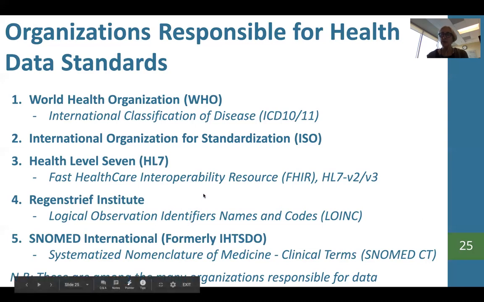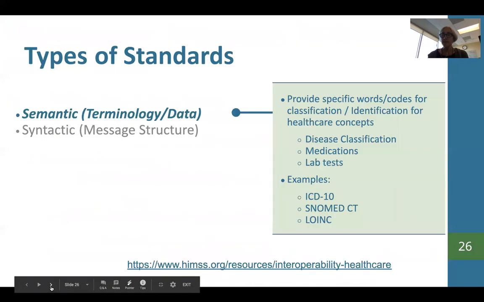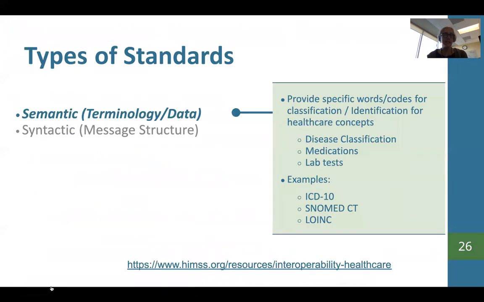Finally, SNOMED, which many of you have heard of. SNOMED is the Systematized Nomenclature of Medicine, and that provides a lot of clinical terms that we use in terms of SNOMED CT.